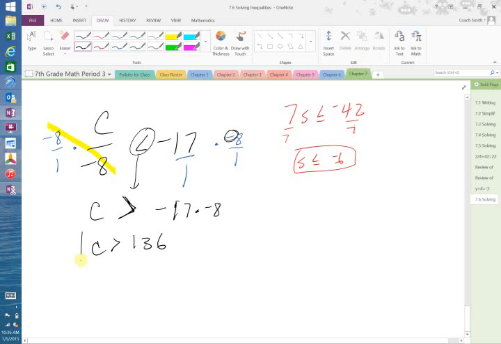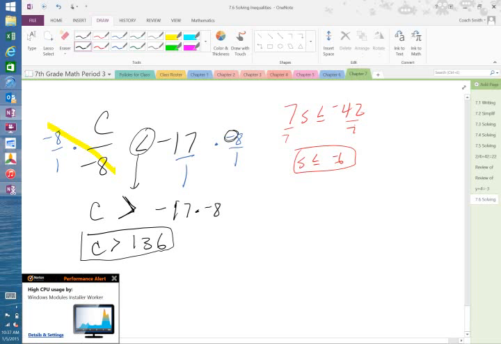And that is your answer. The process to solve it doesn't change. Just the inequality sign in your solution will change. And that is only when you multiply or divide by a negative number.